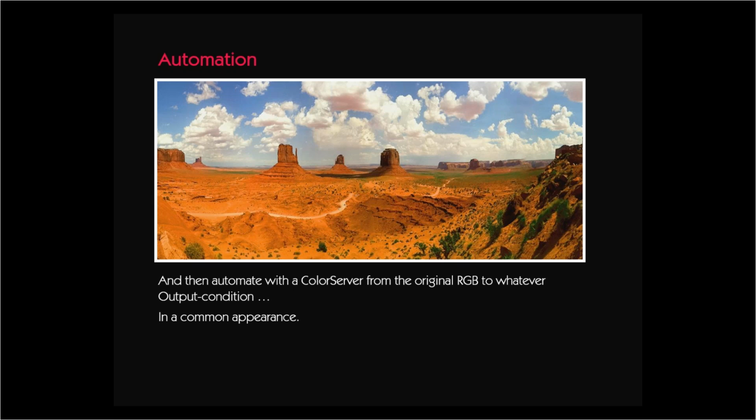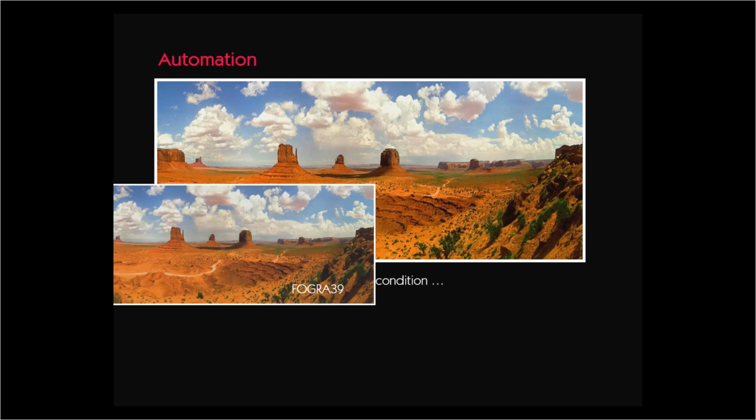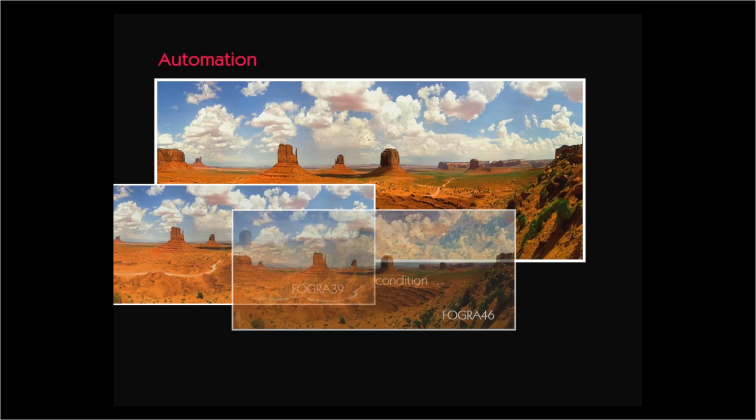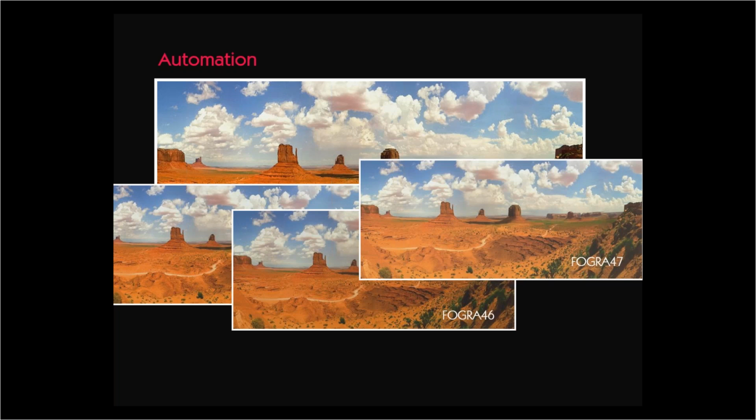I just automate with some color server my original RGB to my output condition conversion. Of course, in a common appearance. So this would then look like this. In the back we see our reference, and now I will convert into different output conditions.